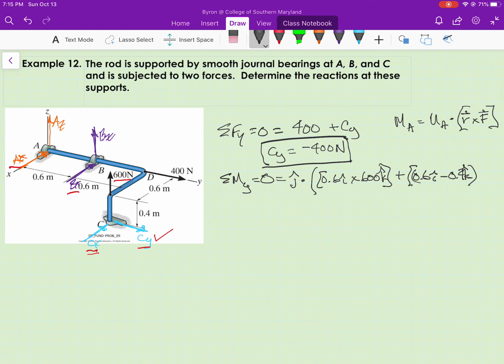that's r from the y-axis to c sub x, and then c sub x, I have that drawn going in the negative i direction, so it's going to be r cross minus c sub x i.